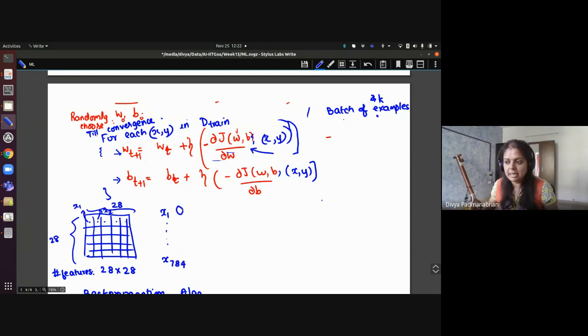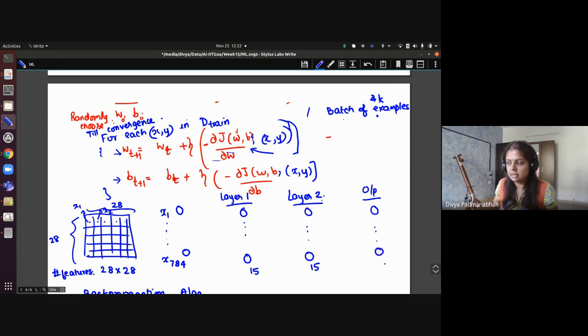So this is your layer 0. Now maybe your layer 1 has about, say, 15 neurons. And maybe you just want to have 2 layers, and this also has 15. And finally your output class labels, maybe it's like 10. So there are 10 classes here.